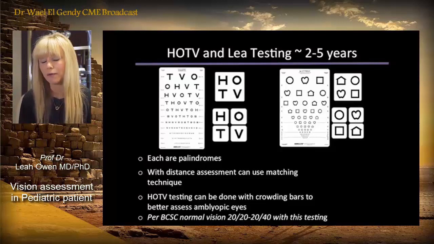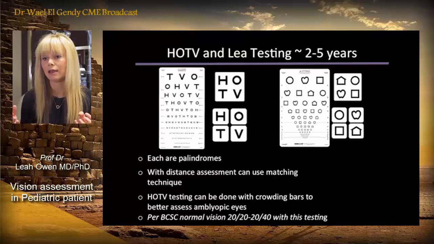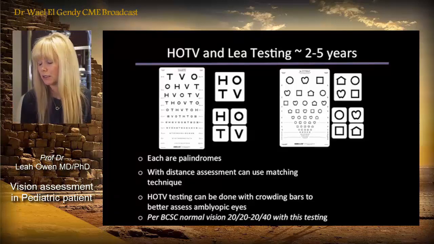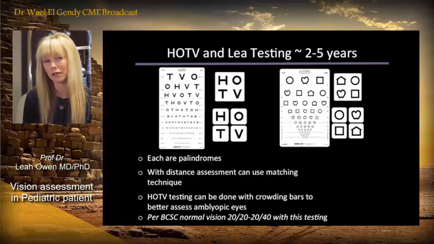So there are different ways this can be done, but I think overall these are very effective ways to start to assign a traditional measure of visual acuity to children within this age range. And using these testing methods similarly to the Allen cards, we would expect if a child had normal vision, they would measure about 20/20 to 20/40 with distance vision testing.